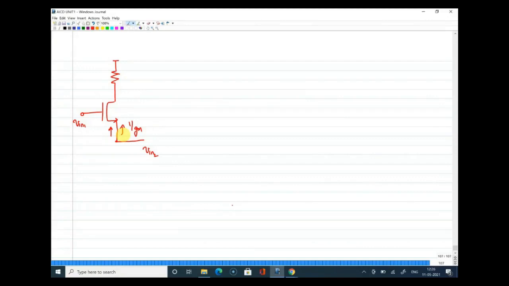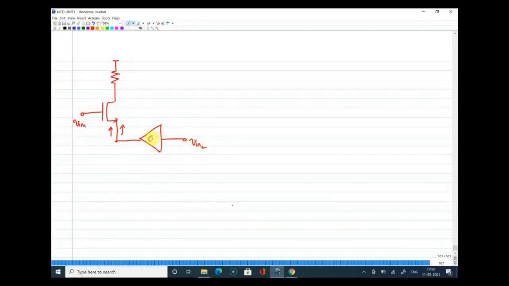Buffer, yes, buffer, yeah, CD, that is very true. So what I will do here is, since I am seeing a very low impedance towards this side, I will add a stage here and I'll provide V in 2 here.